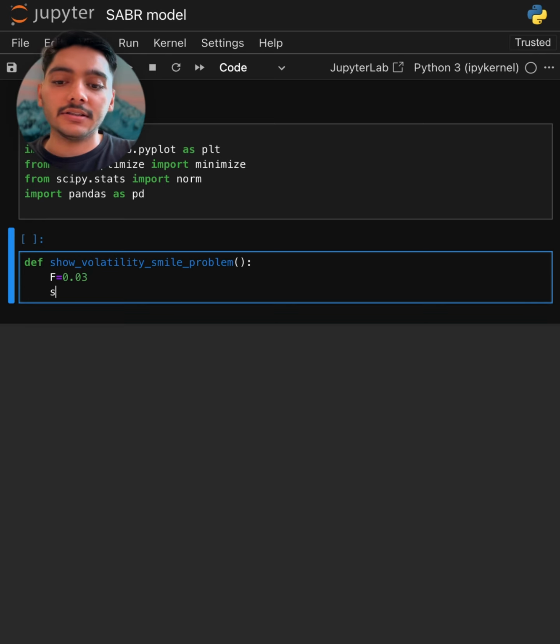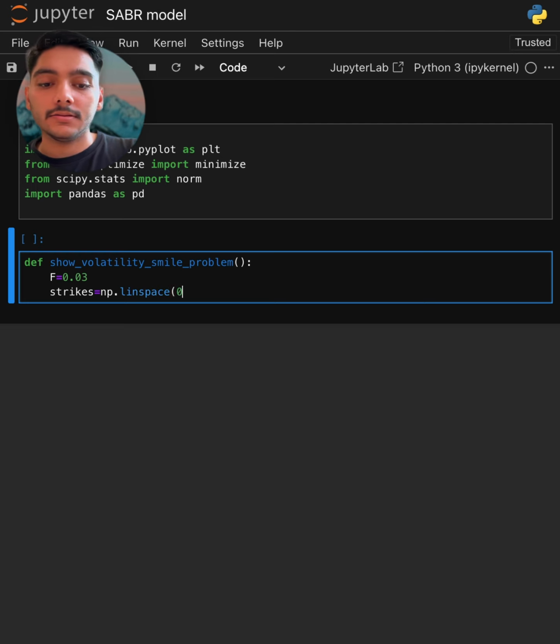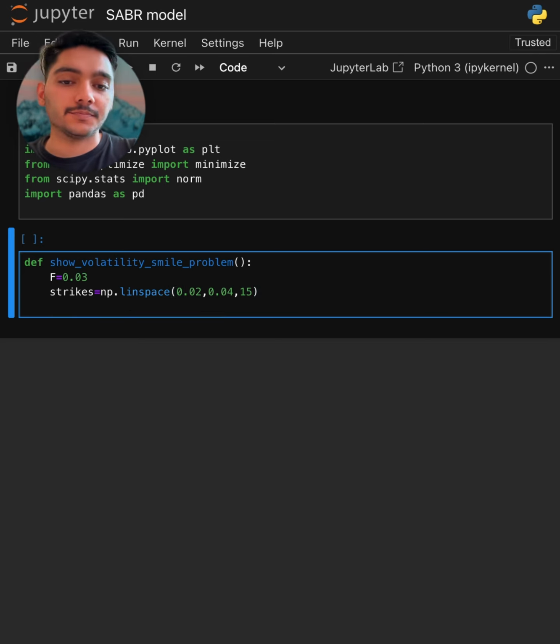And let's take the strikes to be np.linspace 0.02, 0.04, 15, which is 2 to 4%, and plus minus 33% moneyness. We are taking this. And in step two, I will calculate the log moneyness.